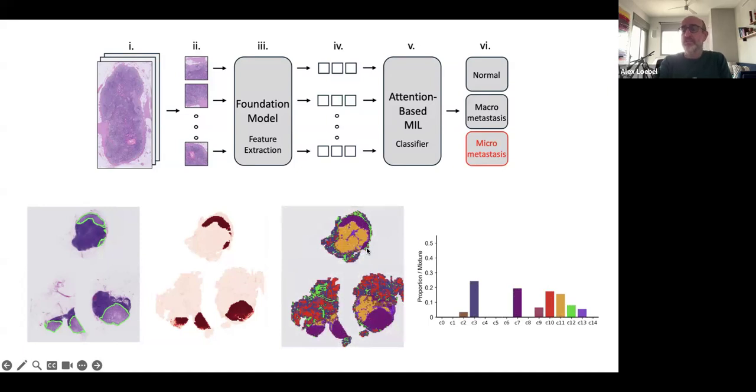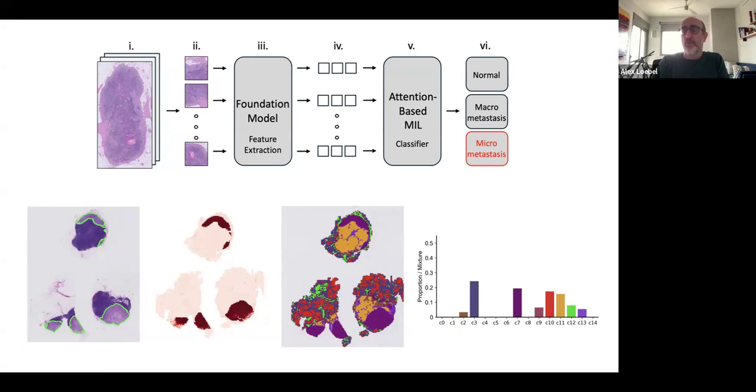In addition, what we can do is segment. So again, this is a different AI model that can segment the tissues into several morphological features. And again, you can see that in the segmentation, this deep purple completely overlaps with the annotation of the pathologist. So we can say that this prototype is the tumor tissue.